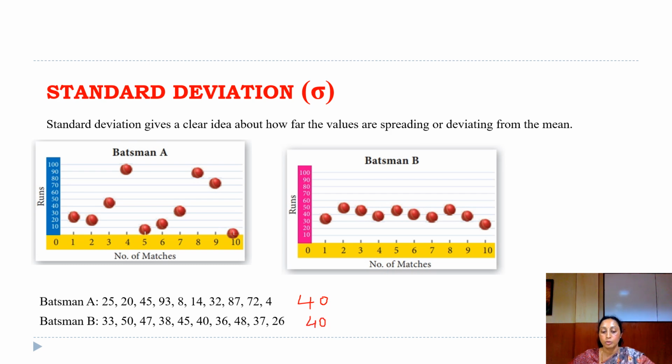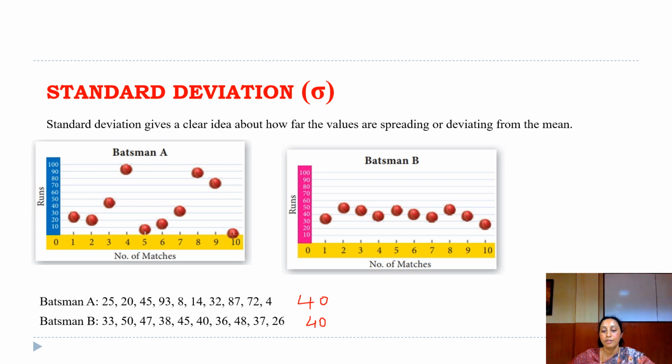But if you go through the data, we see that both sets of data are significantly different. Hence, the measures of central tendency are not sufficient to describe the data; we look for the measures of dispersion. Here, let us study standard deviation, which is a measure of dispersion.